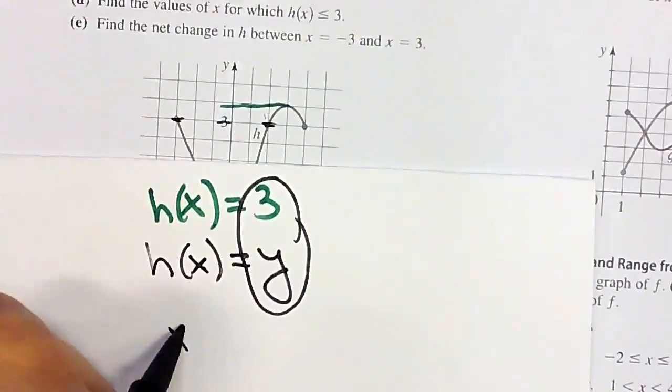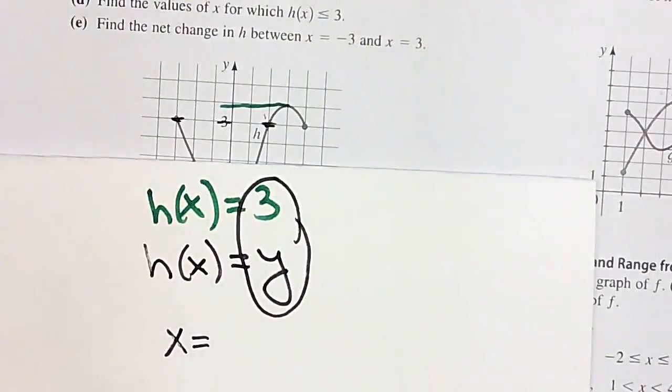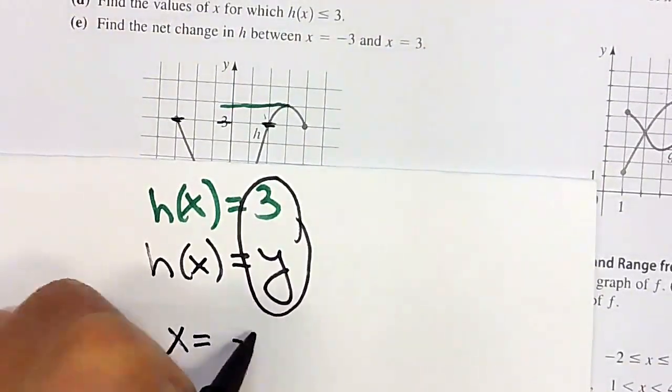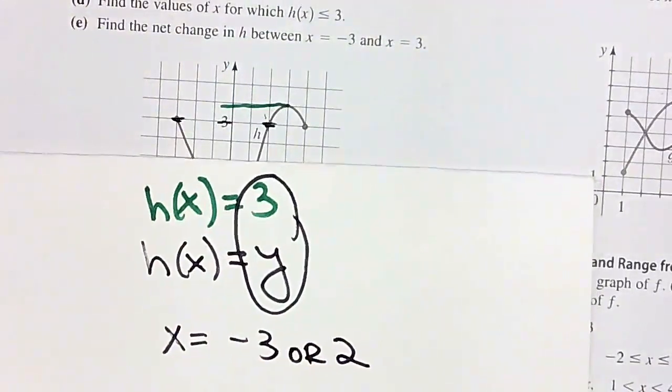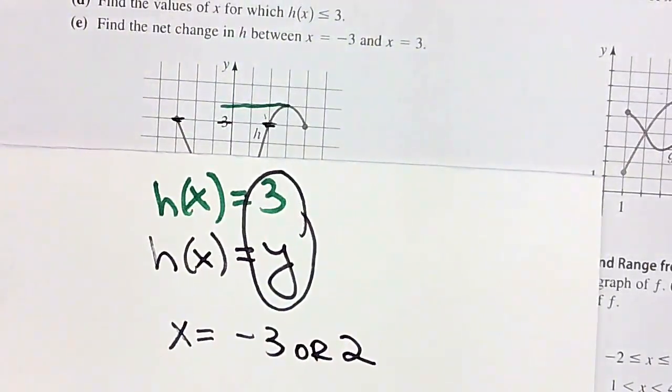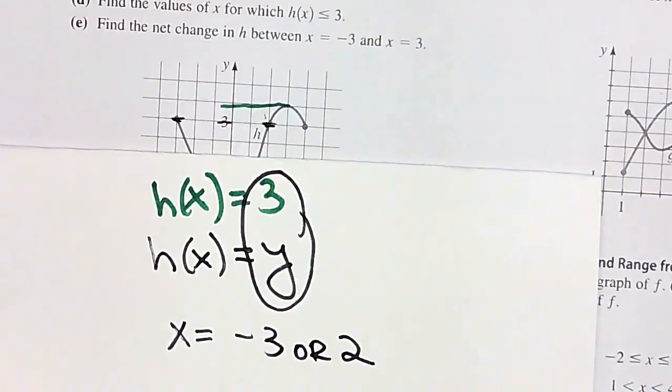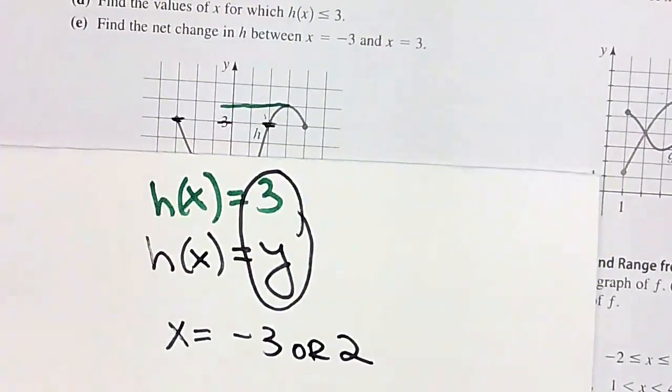So x would equal negative 3 or 2. Simple. All you guys got to do is figure out what you're looking for and just look at the graph. Okay?